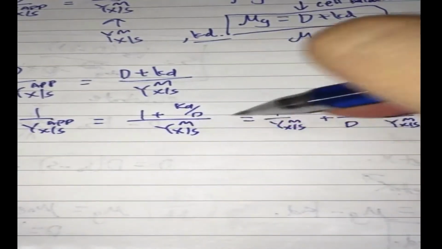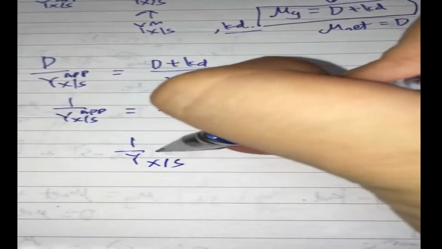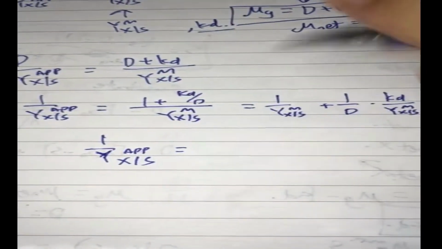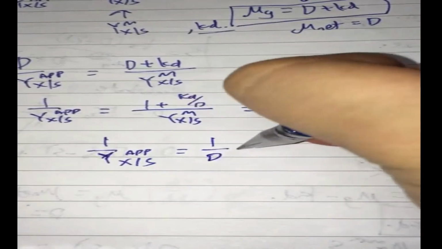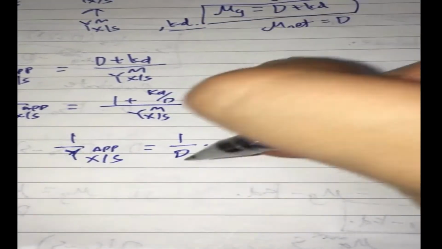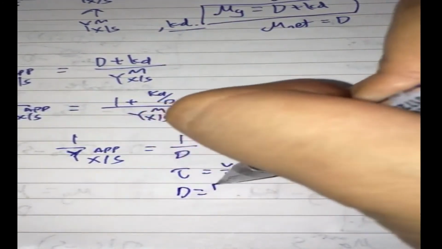So you have this thing being your so-called y, the vertical axis, the dependent variable, and this 1 by d, which is 1 by the dilution rate, or in fact the residence time, tau equals v by f, d equals f by v.